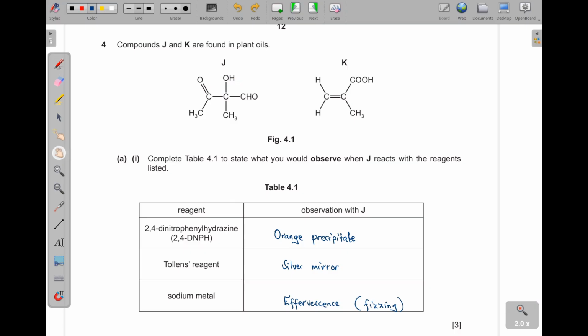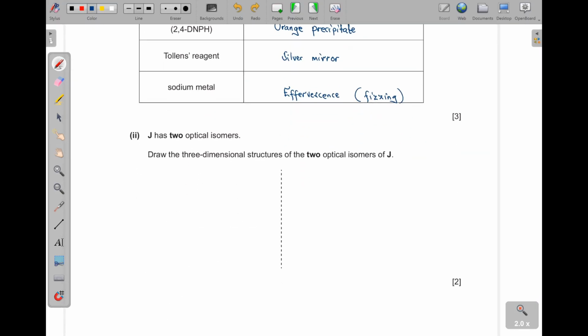So when we are drawing, I will put the carbon here. It doesn't matter which group you put where. But what is important in 3D is to show, they said 3-dimensional, you must show the wedge, the one that is facing you, this one here, and the one that goes away, that goes into the plane, into the board.